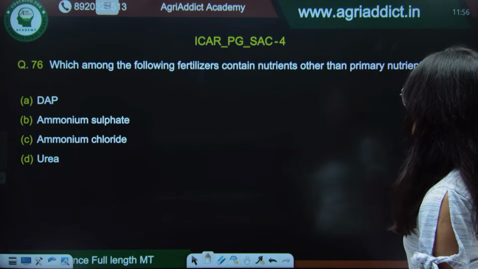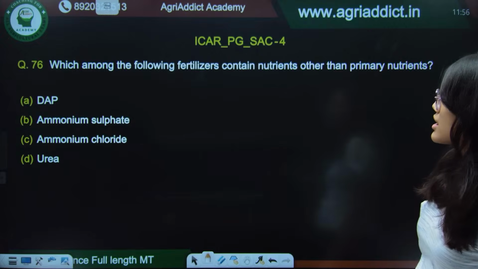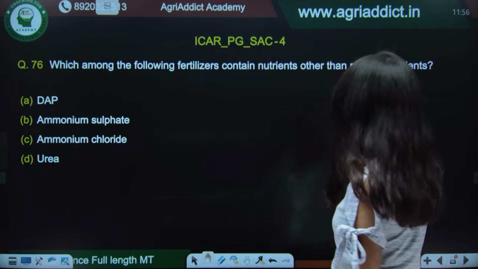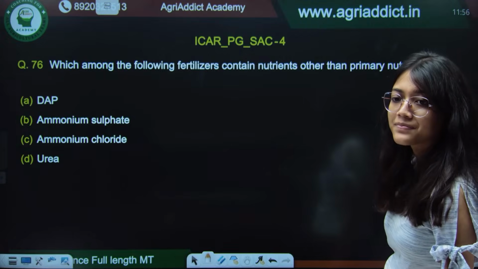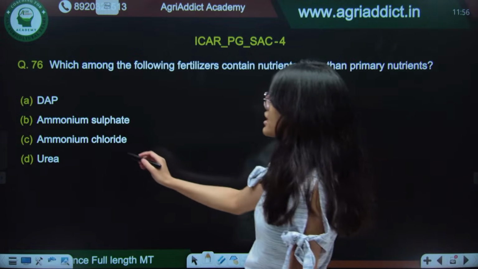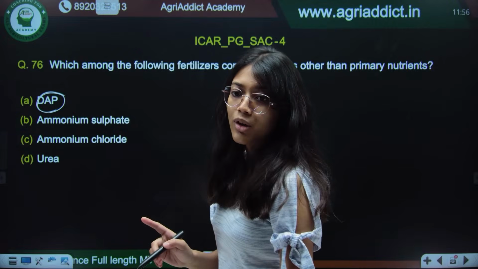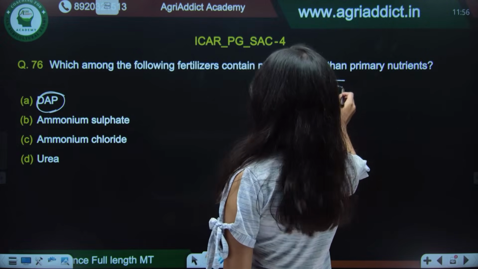Which among the following fertilizers contain nutrients other than primary nutrients? So, DAP means what? We are asking which will contain nutrients other than primary nutrients.